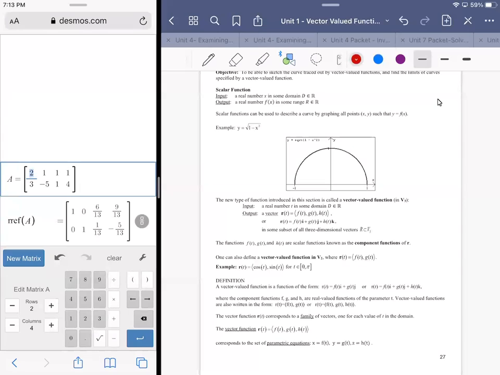So this whole page here just talks about the background: inputs, outputs, domains work the same way for vector valued functions as they do for ordinary functions. There is a conversion from vector valued land to rectangular, polar, and parametric form.